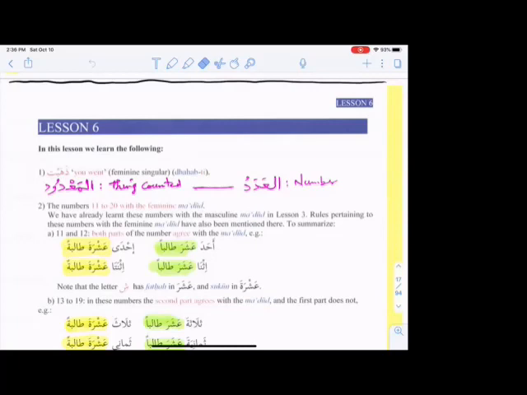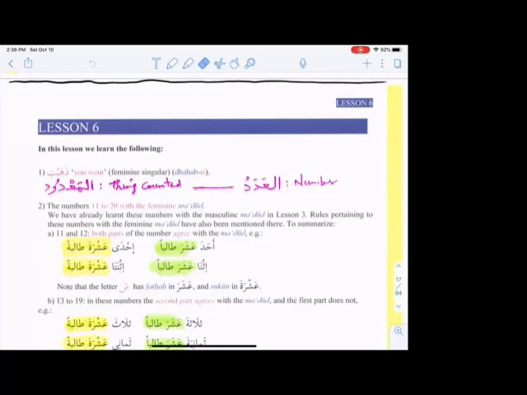We are going to start lesson number 6. Now here is something that I would like you to keep in mind, and you must do it this way always, inshallah.